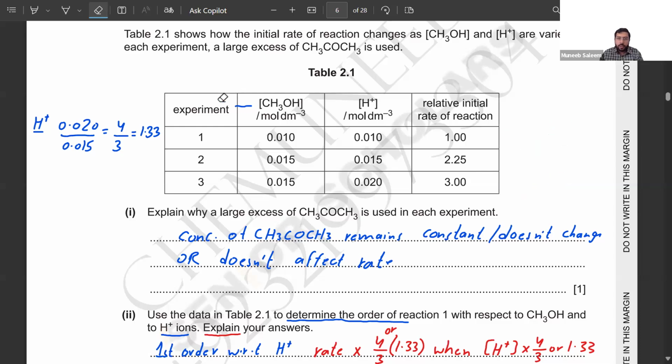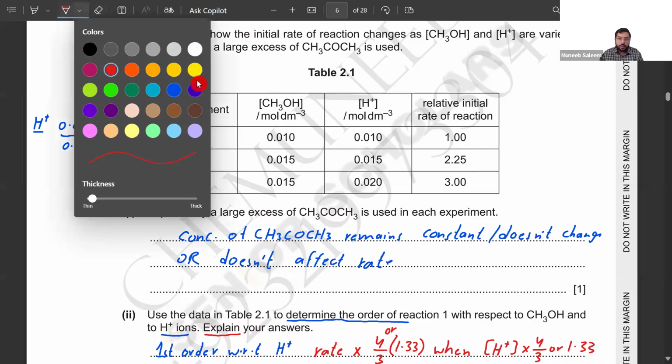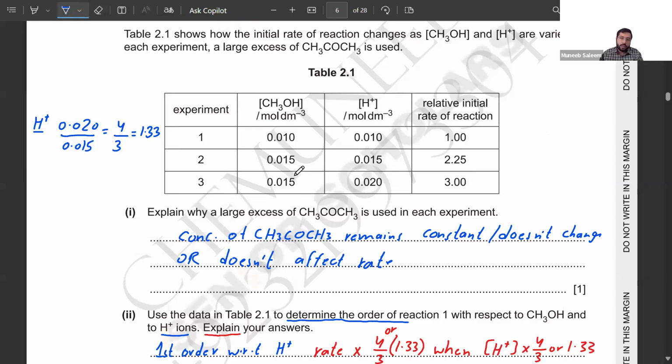Now here, for this case, you have two different approaches to find out the answer. The first approach is to use experiments number 1 and 2. For experiments 1 and 2, the concentration of methanol is changed from this value to this value, and similarly for hydrogen ion to this value.